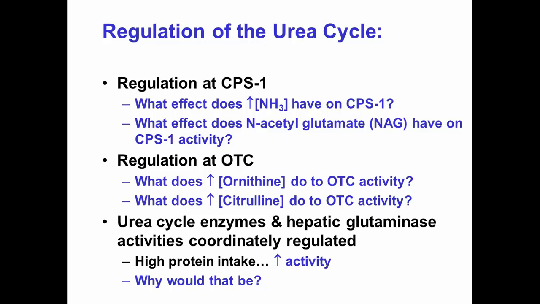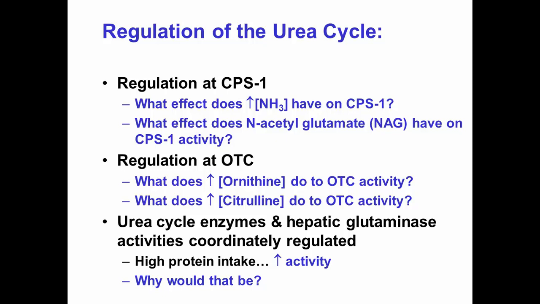And then you already know this one. What effect does NAG, N-acetyl glutamate, have on CPS1 activity? So if we have a low concentration of N-acetyl glutamate available, what's going to happen to CPS1 activity? It's going to go down, right? I told you it's an allosteric activator. You got to have it bound to CPS1 to make it work. So N-acetyl glutamate concentration, it's important that that's high in order to have active CPS1.